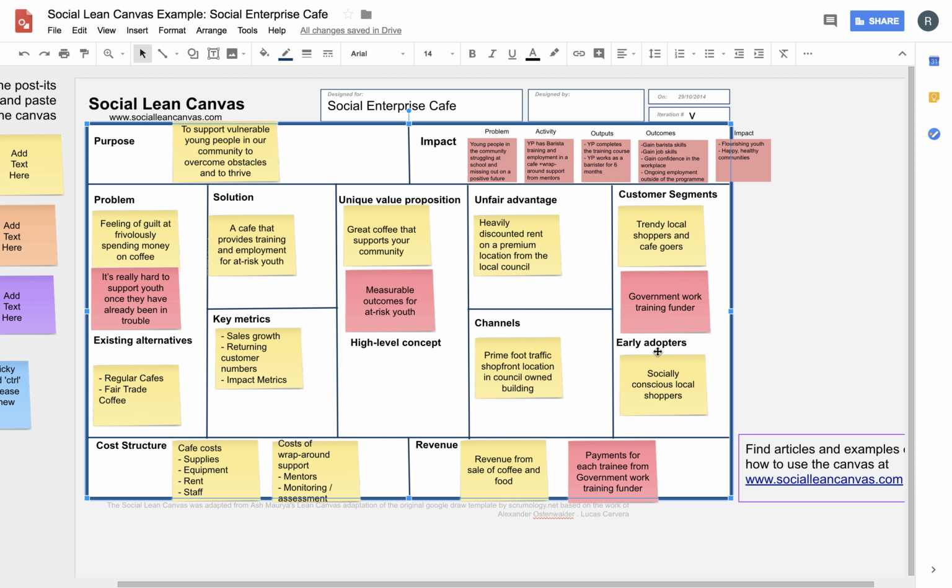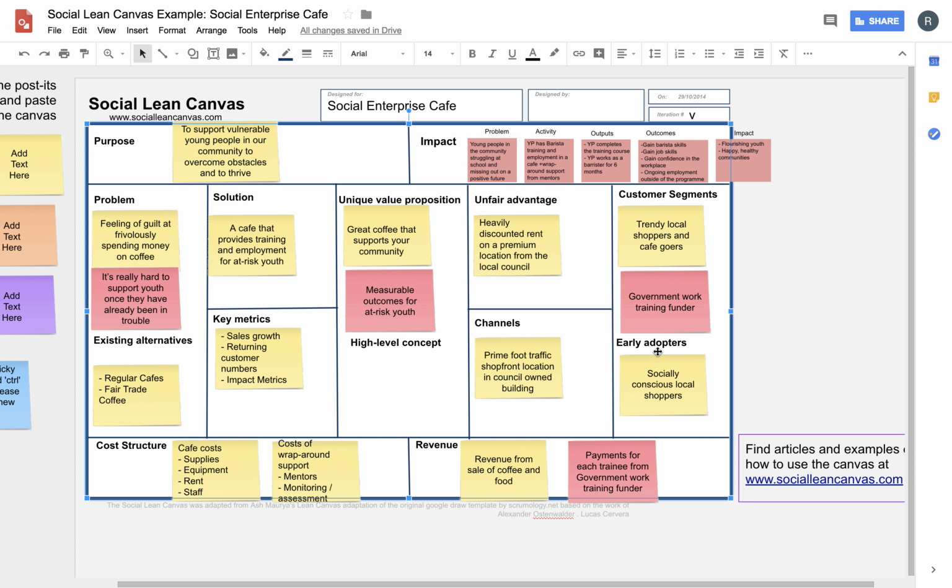The way the revenue works will be different. We're not selling premium coffee to high-paying customers. We'll be looking for a source of revenue somewhere else, or maybe we'll be looking to lower costs. Maybe we'll be looking to get free or discounted supplies of food so that we can sell that food at a discounted price. And so you could see the whole model would be fundamentally different if we tried to gear ourselves around a different impact model.